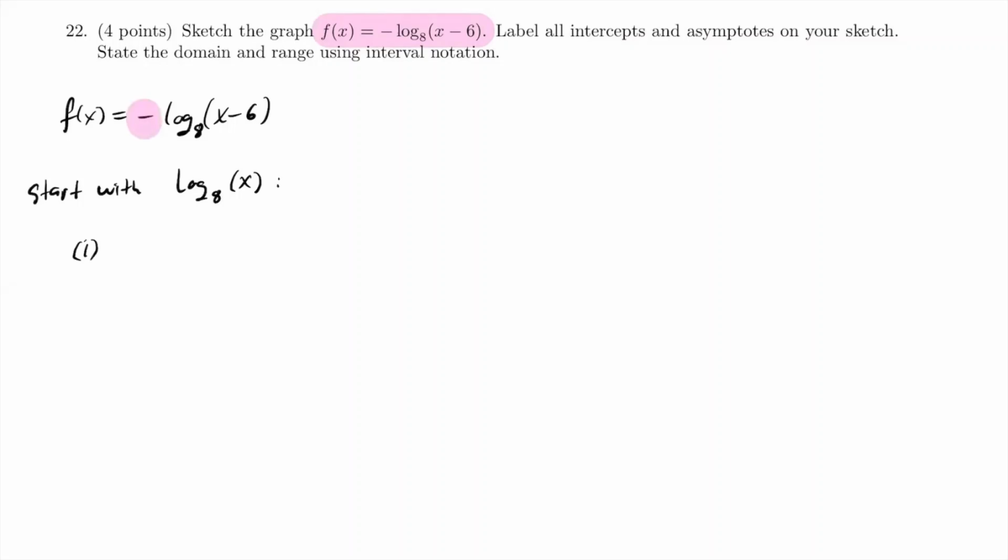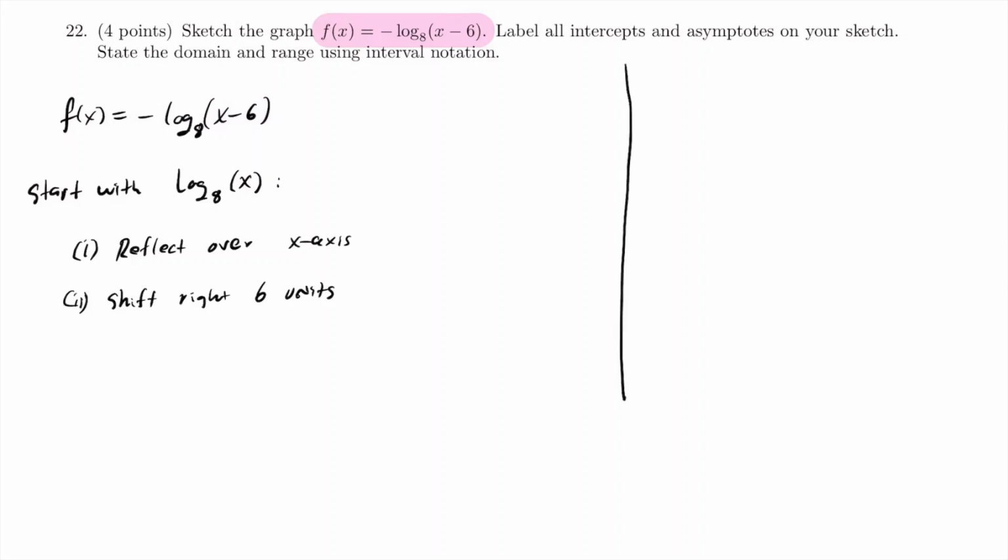That's a reflection over the x-axis. So we're going to reflect over the x-axis. And then the final shift would be this piece right here, x minus 6, which means we're traveling 6 units to the right. So then we're going to shift right 6 units. And that will give us the final sketch.